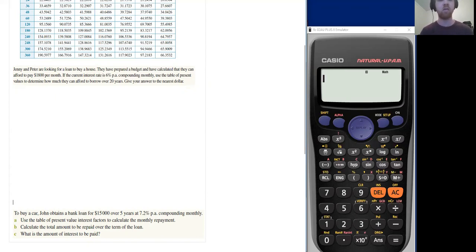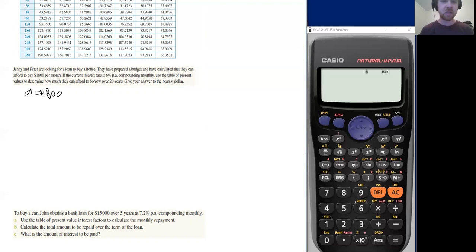So sometimes you don't always have to set it out perfectly. But if you just start writing things that you know, then you start to realize what you do know, what you don't know, and what you need to work out. So as soon as I see $1,800 per month, I can just write, well, that's the regular repayment. So A is going to be $1,800.